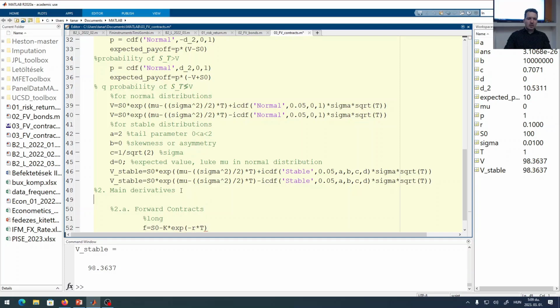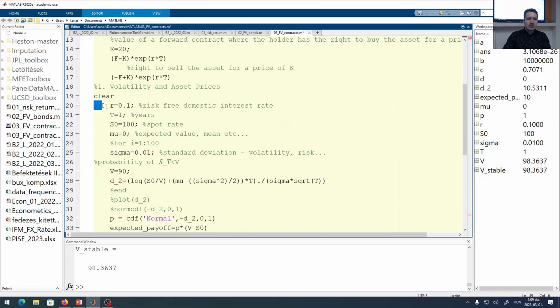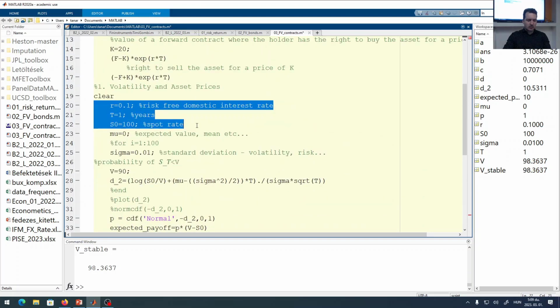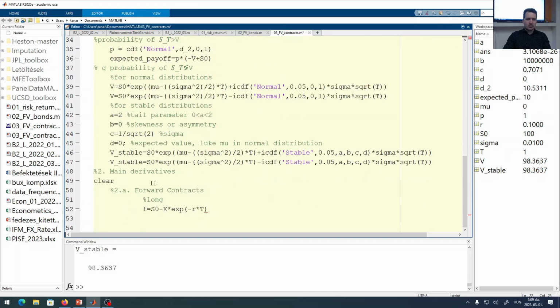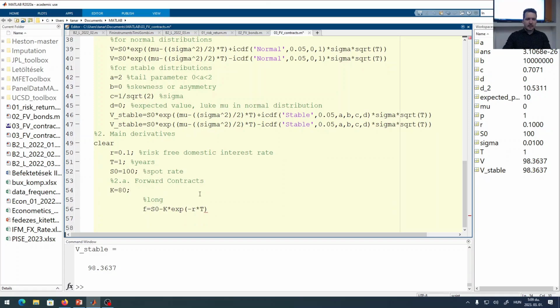Okay, so let's put here a clear command, and with k equal 80.